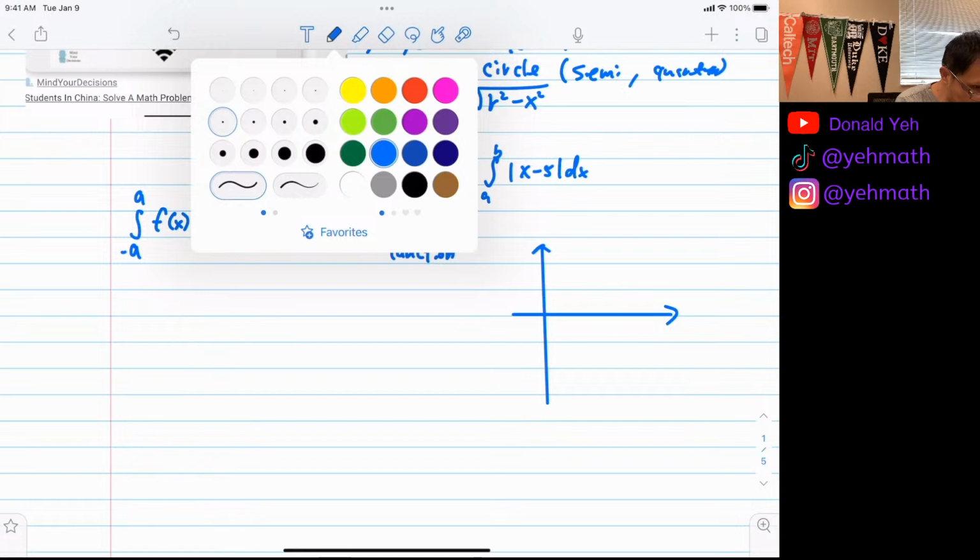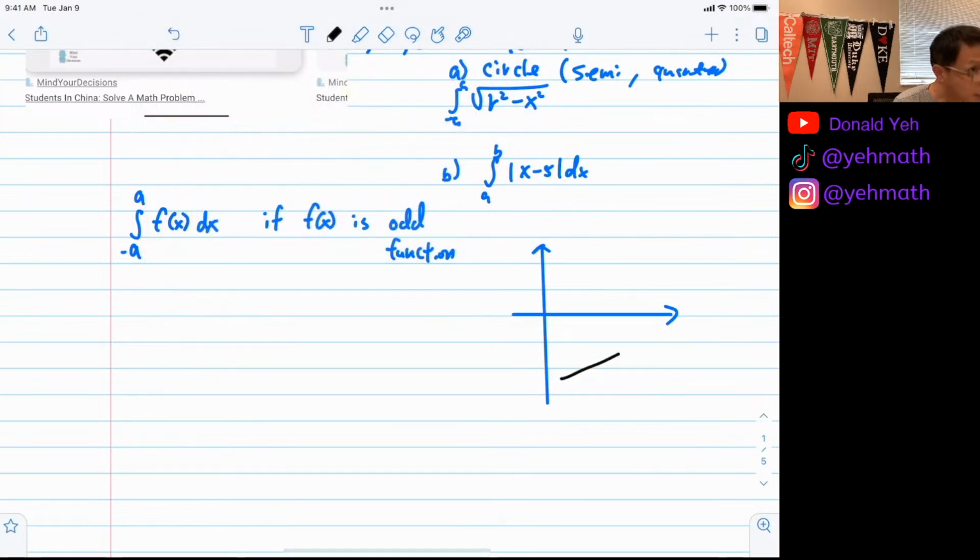Well, that graph could be below the x-axis, and that just says between a to b. In this case, the integration between a to b of f of x, if this is the function, will end up being negative.